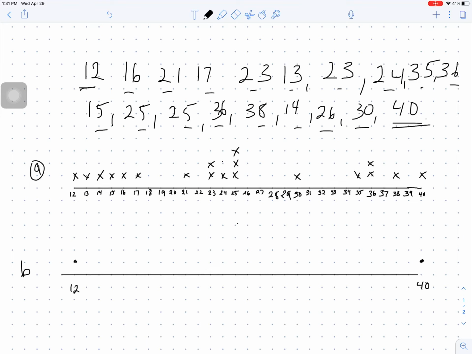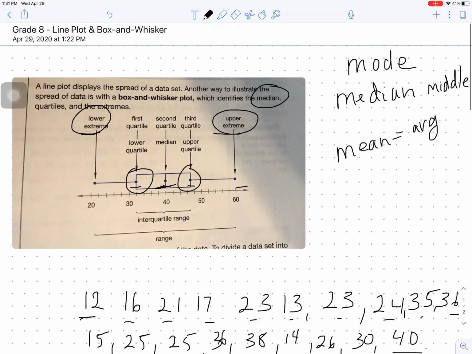So here we go. 1, 2, 3, 4, 5, 6, 7, 8, 9, 10. So we know from this data that 24 is going to be our middle. And if I follow the lines, this is why I did it this way, we know that that is our second quartile.